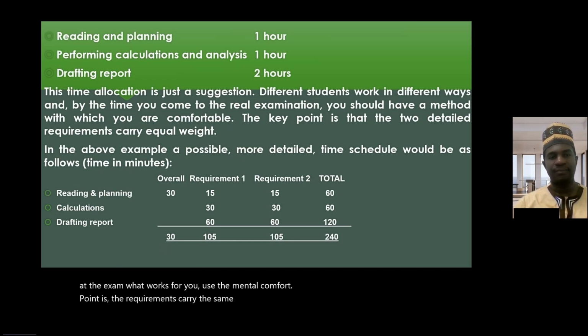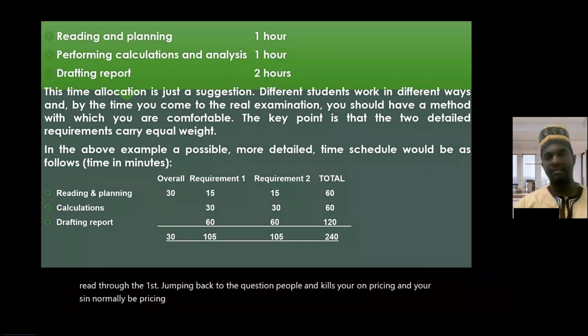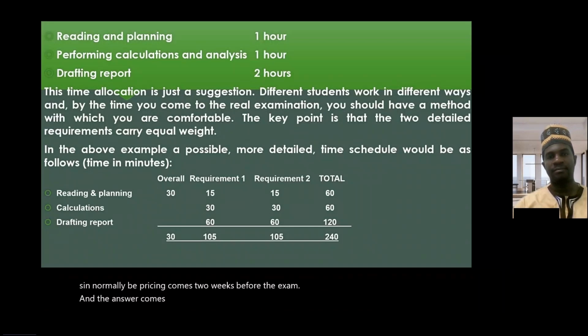So in the example you've seen on the screen, when you get your question paper, you have approximately 60 minutes, which is 1 hour. The question paper entails your pre-seen and the unseen. Normally the pre-seen comes 2 weeks before the exam, and the unseen comes on the actual day of the exam. So the pre-seen and the unseen are matched together.